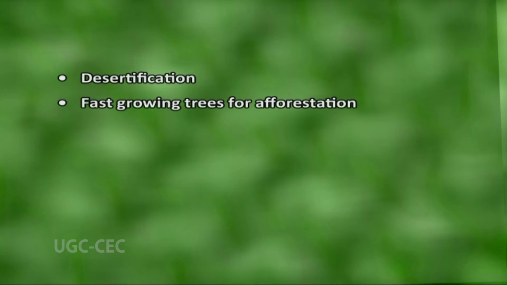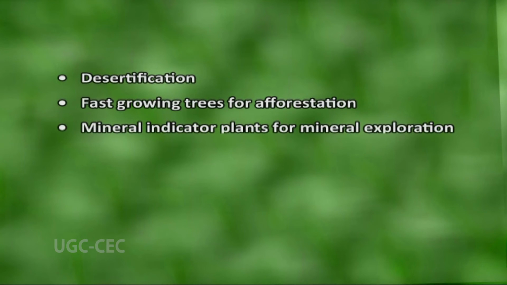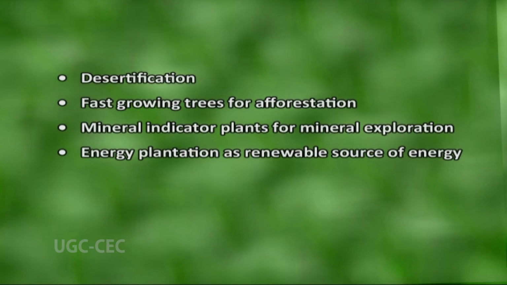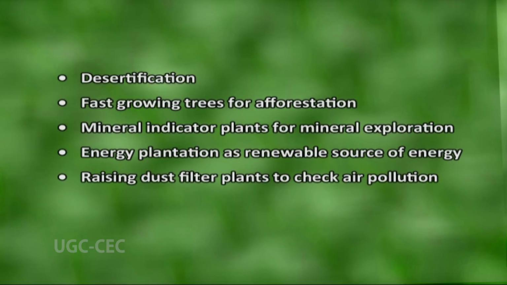Ecologists having basic knowledge of plant taxonomy find it easy to choose suitable plants to be raised as soil binders to check desertification, fast-growing trees for afforestation, mineral-indicator plants for mineral exploration, energy plantation as a renewable source of energy, raising dust filter plants to check air pollution, environmental assessment, etc.